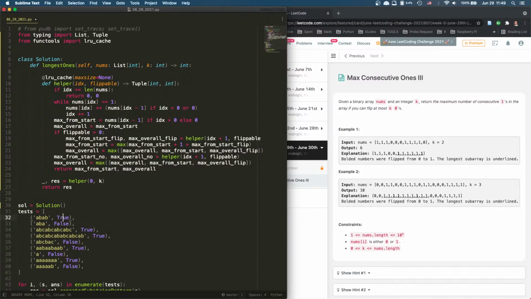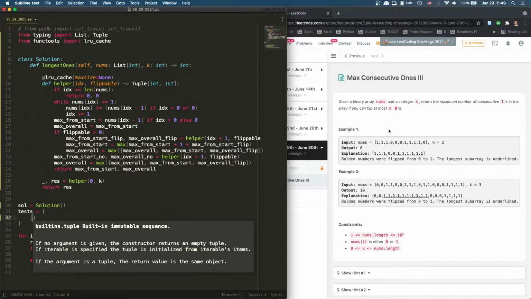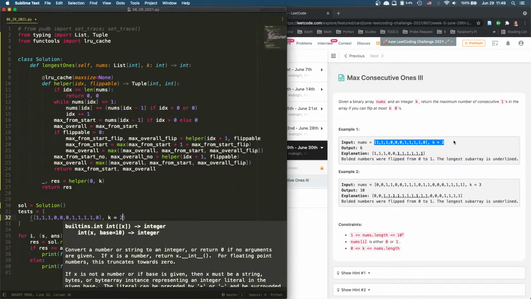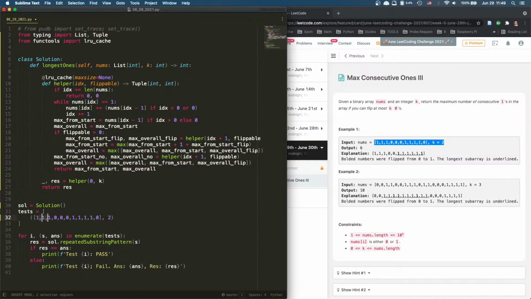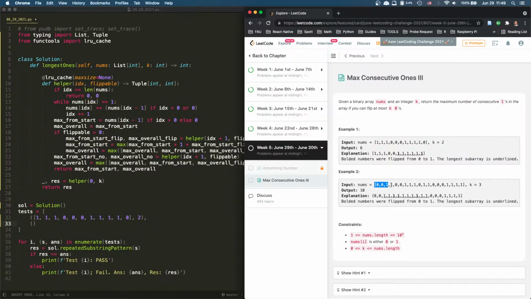Okay, let's take a look. Okay, so first one, k equals 2. Wrong. Yep. Second one, this.